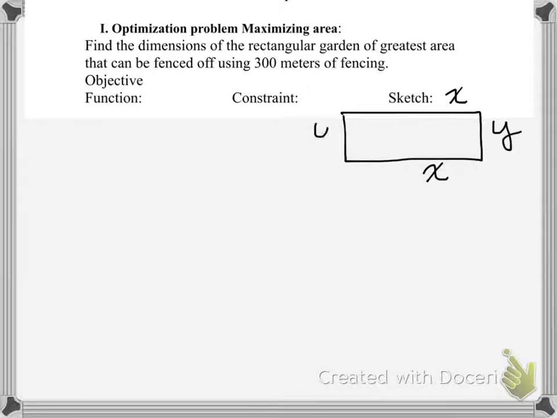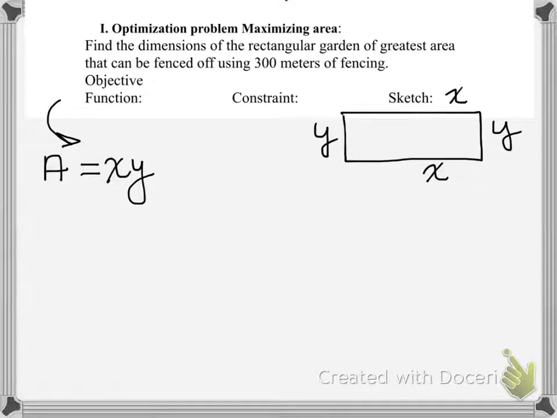And here's y, so here's y again for the same reason. So objective function, they want us to find the dimensions that result in the garden of greatest area. So area equals, looking at my sketch, x times y.